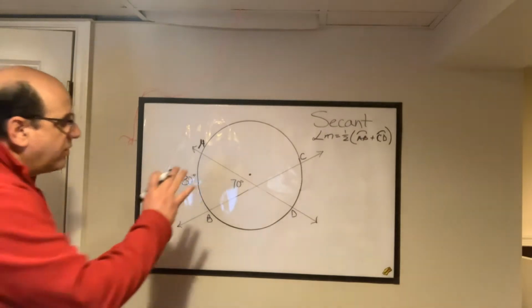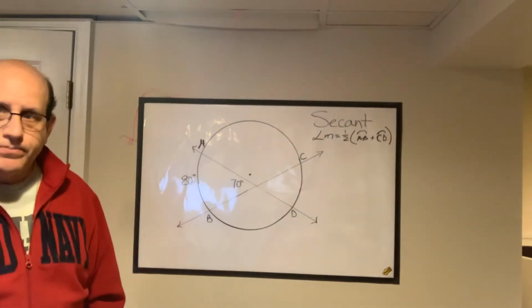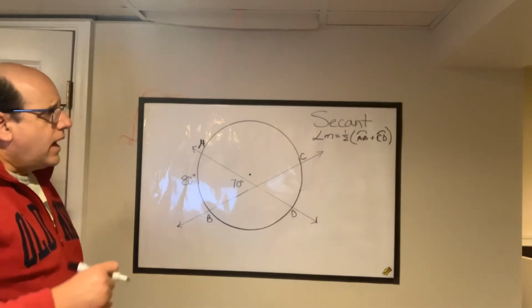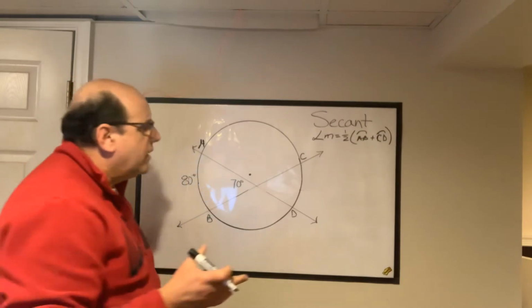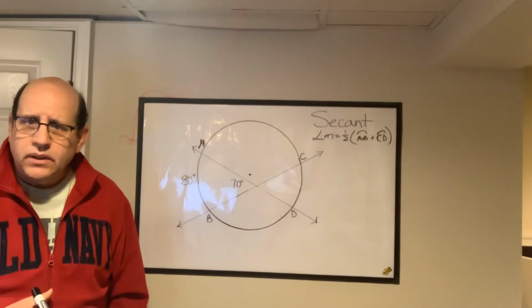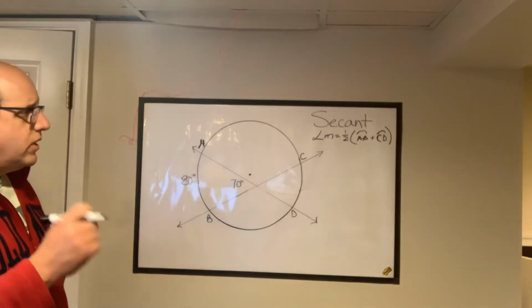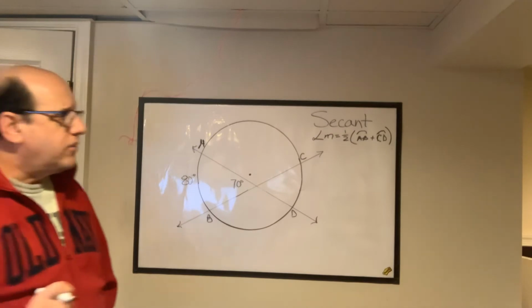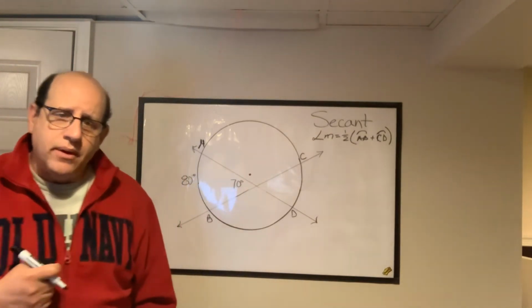I have the measure of the angle, and I have one of the arcs, and I can do a lot with this. I can rewrite the formula, and that's what I really want you to do. Or I can just plug in what I have, distribute the half to it, and then do some math.